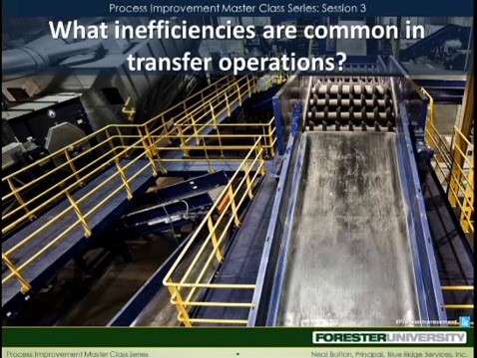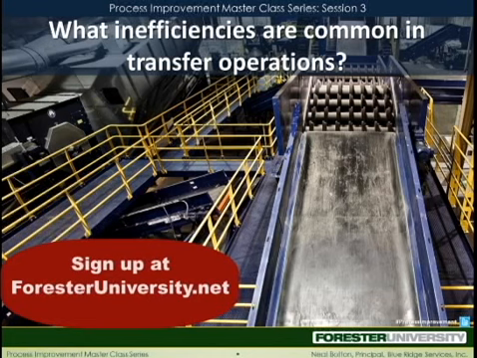Well, in waste collections, some of the most common inefficiencies are related to routing. We find a lot of variability out there, something that you'll hear over and over through these sessions. Variation in any system, in any process, typically indicates a problem. It indicates an inefficiency.